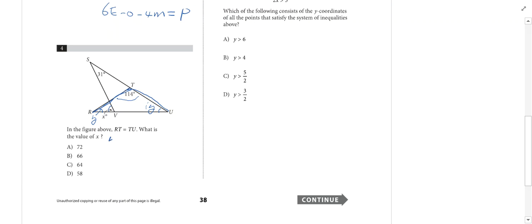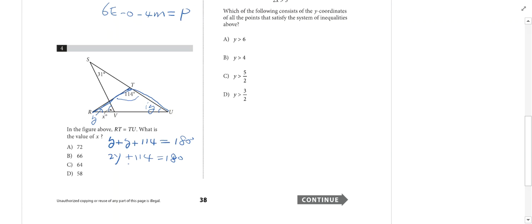So we have Y plus Y plus 114 equals 180 degrees. And then Y plus Y will be 2Y plus 114 equals 180 degrees.